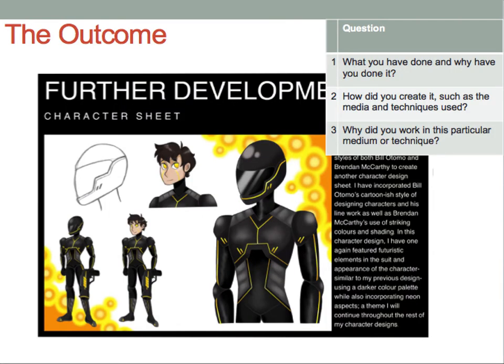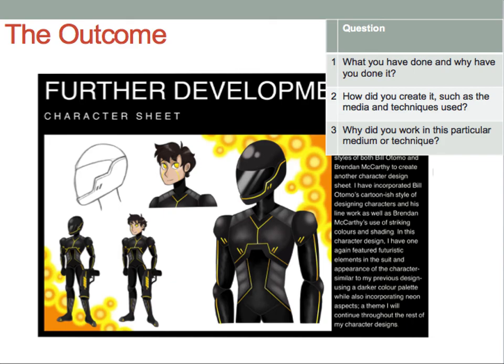So this is the outcome. You can see it here. You can see the biker, you can see the yellow lines, all the things I saw in the previous document. I can see the character with the helmet on and without the helmet on. The face looks a lot like what the artist would do with the big eyes, the really simple line for the nose. So again, you need to answer these questions.